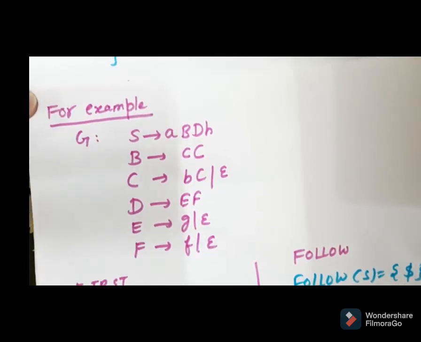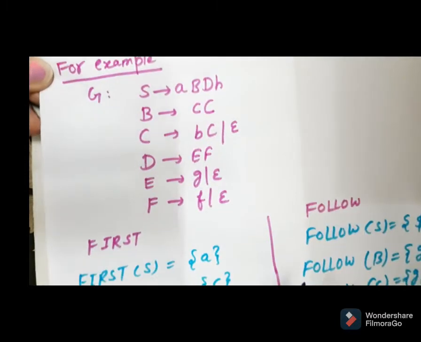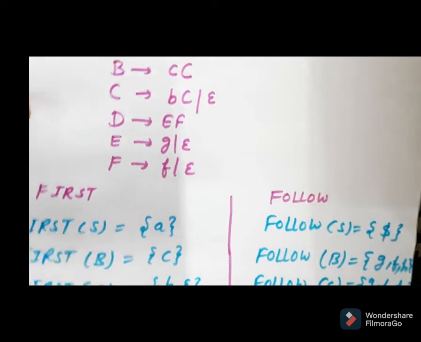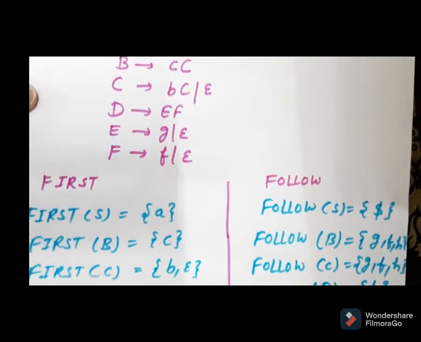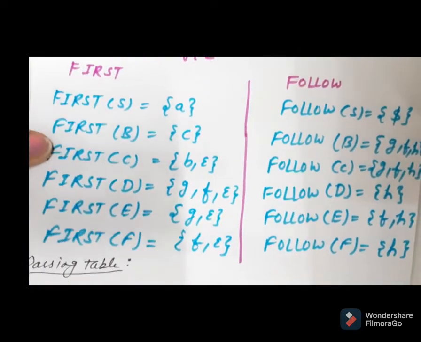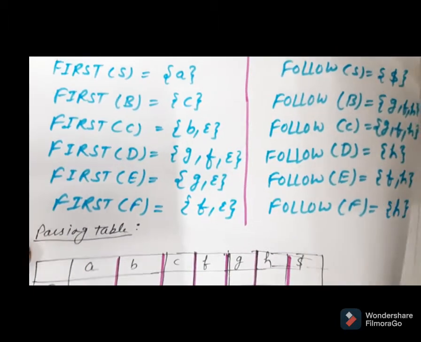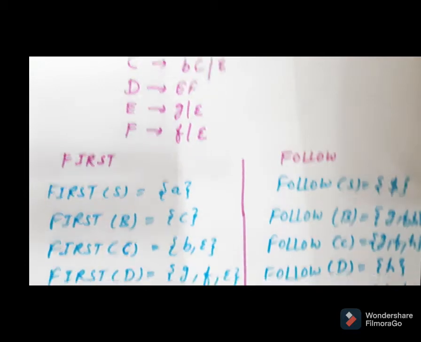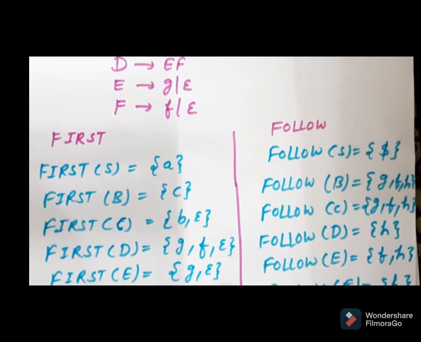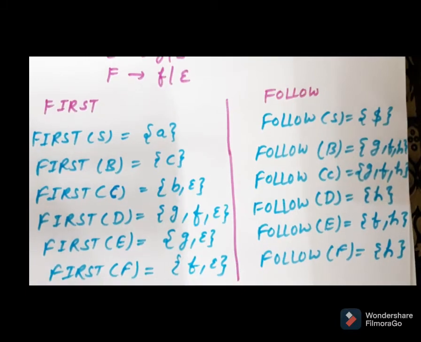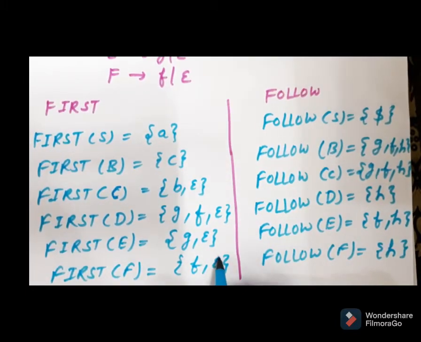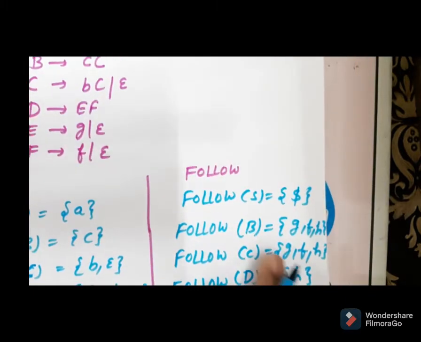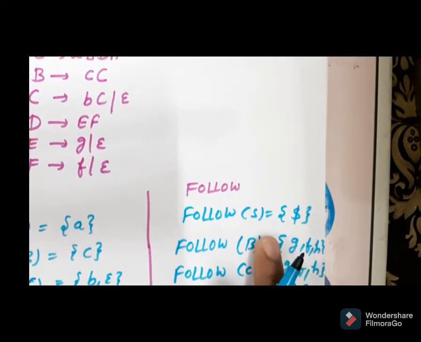In the previous two videos, I have calculated first and follows. So first I write here and follow as well as here. First of S is A, and first of B is C, first of C is BC, this C is capital. First of D is G F epsilon, first of E is G epsilon, first of F is F epsilon. For this grammar which is given to us, grammar is this one. And follow we know very well by rule number 1.